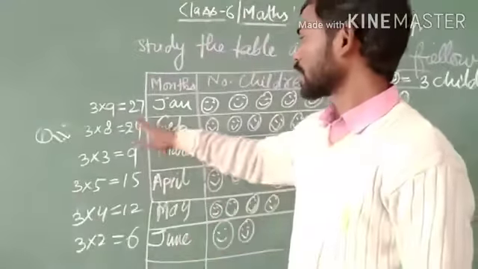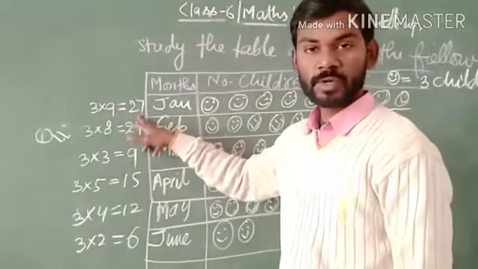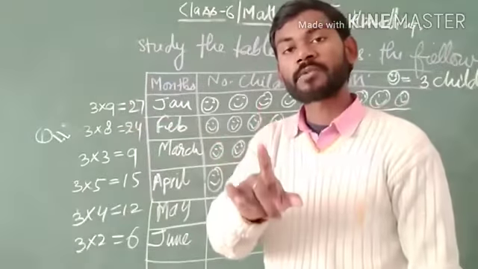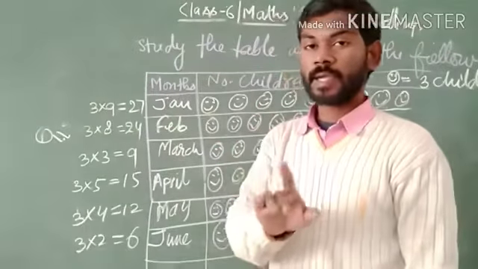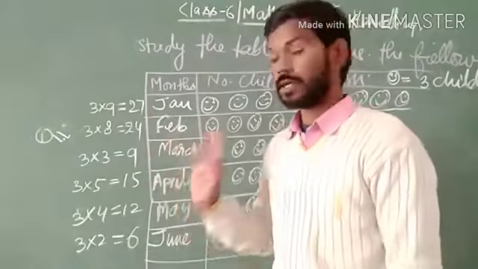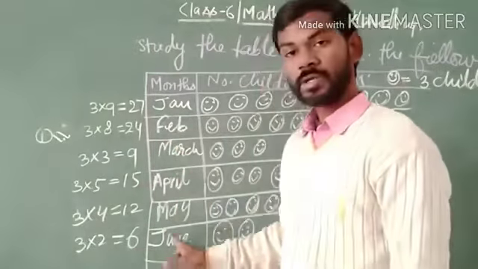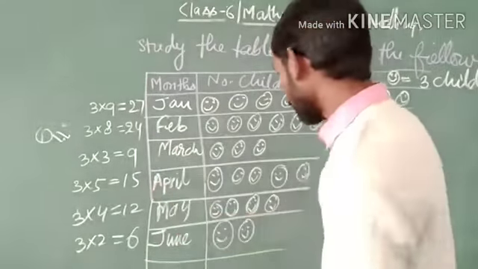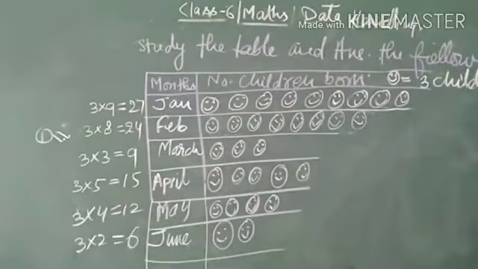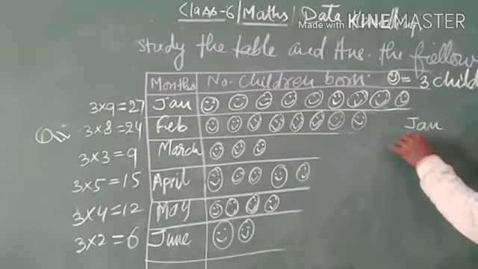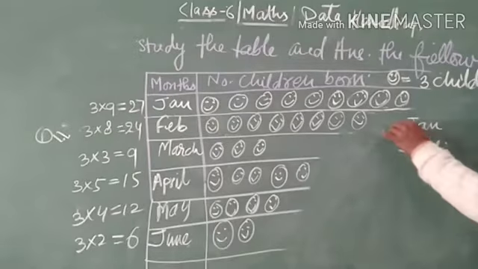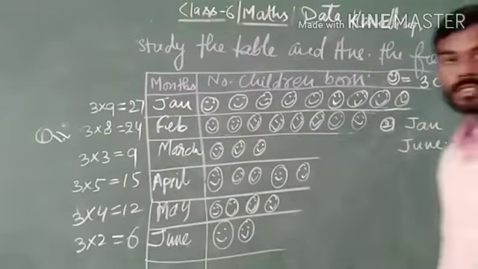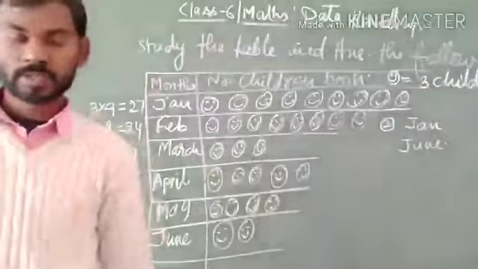There is no greater number than 27, so the maximum number of children were born in January, and the minimum number, 6, was born in the month of June. Okay, this is the answer to the second question. Students, I hope it is clear.